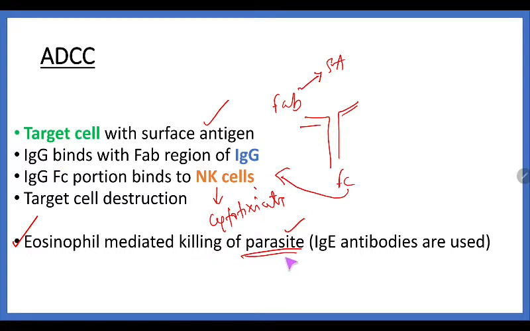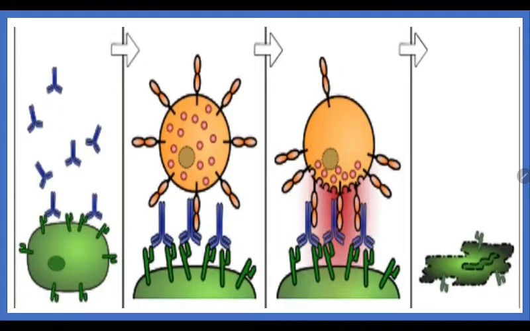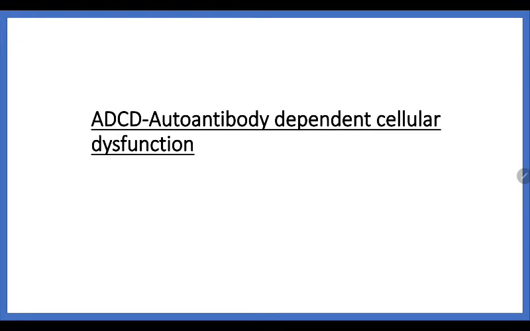In case of eosinophil mediated killing of parasites, it is IgE, as we all know, because of eosinophilic reactions. Now the same is here. Here is the antibody. This is the target cell with the surface antigen to which the antibody binds, and to the Fc portion the natural killer cell is bound, and then there is cytolysis. This is all about antibody dependent cellular cytotoxicity, which is a part of type 2 hypersensitivity.